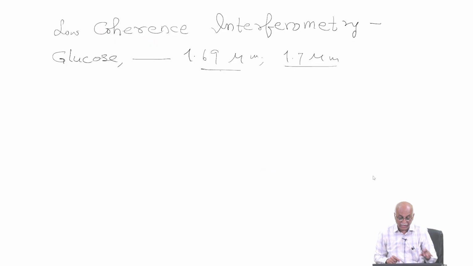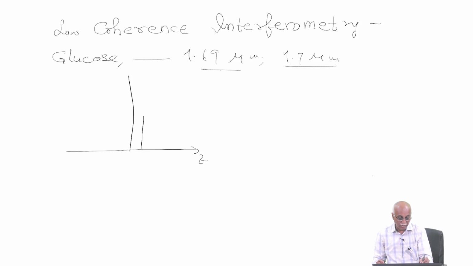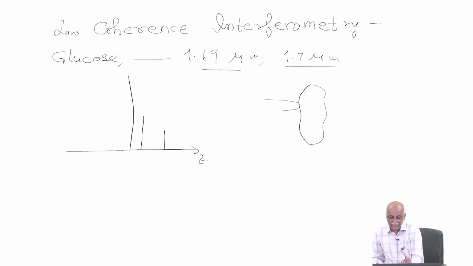So, if I try to put it here in terms of Z, and this is a reference, then there will be reflection from the surface of the tissue, let us say gingival tissue, and from the subsurface, if there is some other layer, which will also reflect light. So, for example, this is the gingival tissue, we will see one reflection here and the other one over here, okay, and this is of course based on the FDOCT, you will see the image on the other side as well.